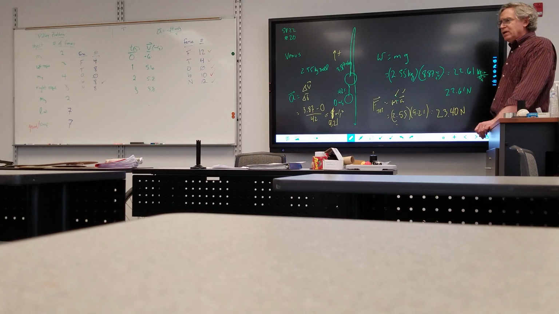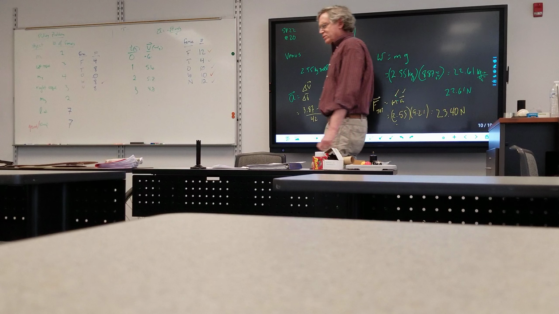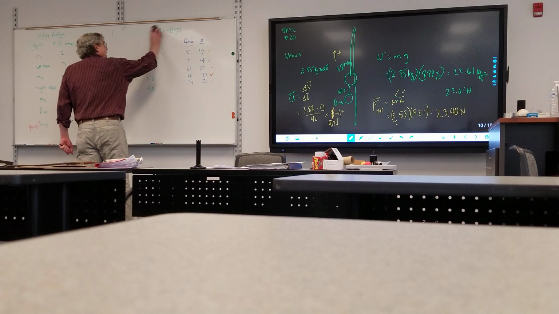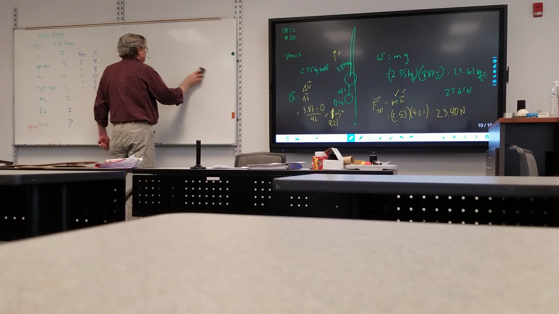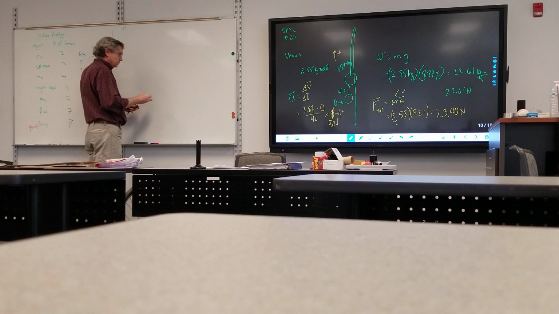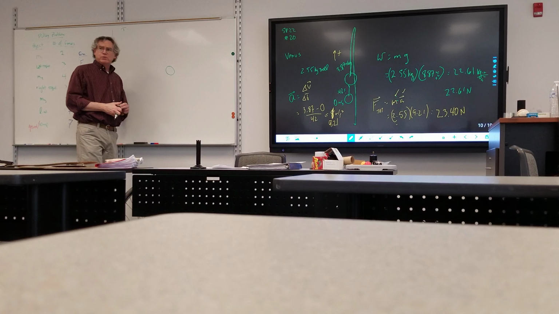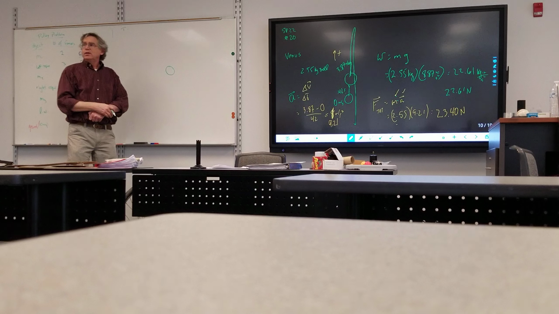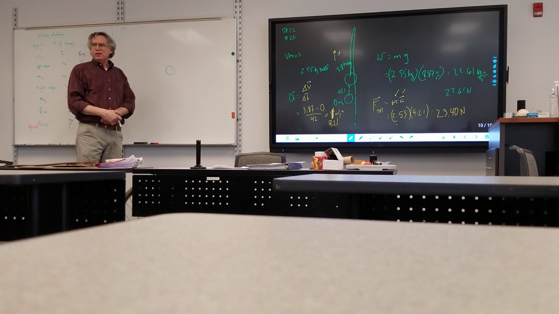Is the last question, what is the average force that the hand exerts on the ball? So as it's being thrown upward, what are the forces acting on the ball? This is while it's still in the hand, being tossed up. Name of the force?